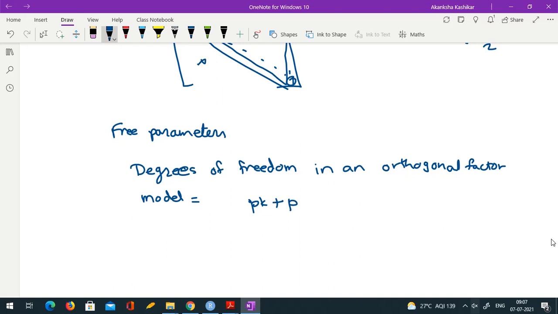These were the original number of parameters, but now we are putting constraints, so some parameters would reduce, by k into k minus 1 by 2. So pk plus p minus this. Right now let me not simplify this, let it be like this.